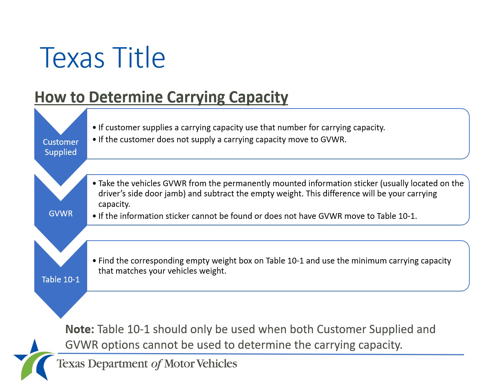To use this table, you will find your vehicle's empty weight on the table and use the corresponding carrying capacity for that weight. It's important to remember these processes will be used in order, and you cannot jump straight to Table 10-1 unless the previous options have been proven unsuccessful. In the next few slides, we will go through each of these options in more detail.